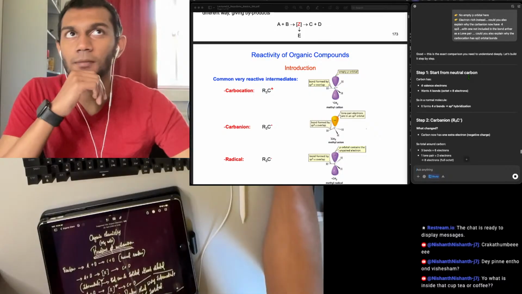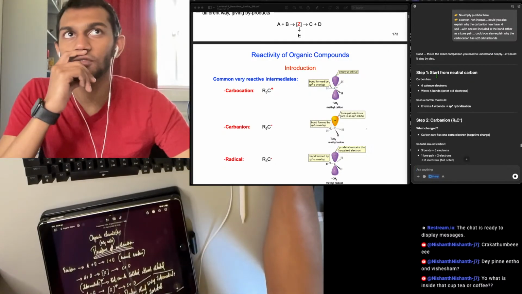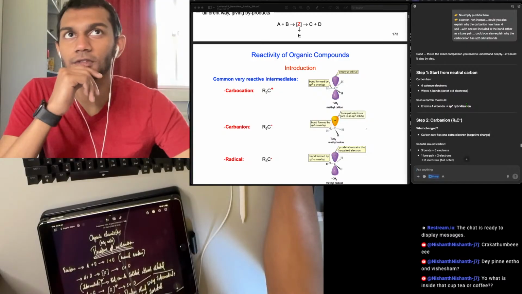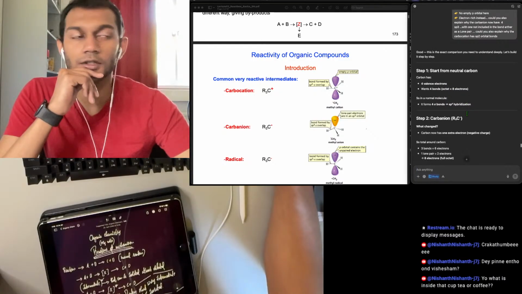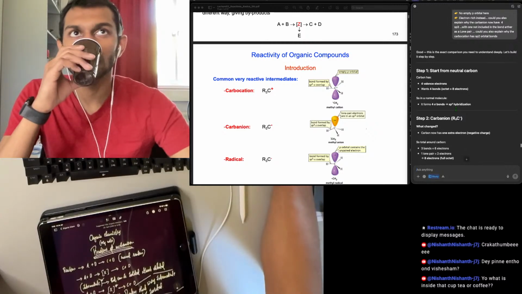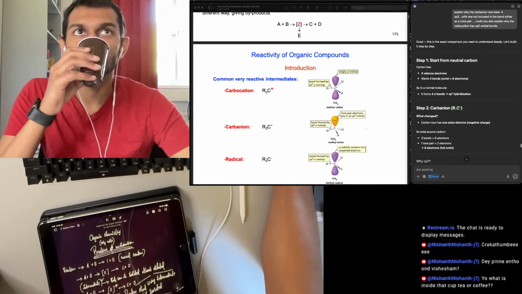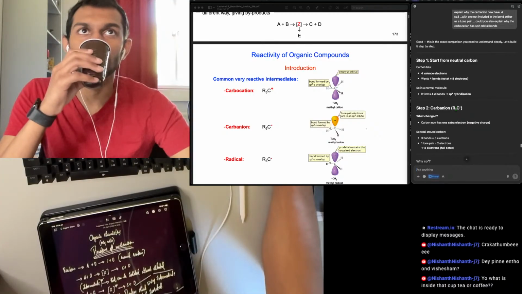Good. This is the exact comparison you need to understand deeply. Let's build it step by step. Start from the neutral carbon. Carbon has 4 valence electrons, 4 bonds. Octet equals 8 electrons. It forms 4 sigma bonds, sp3 hybridization.